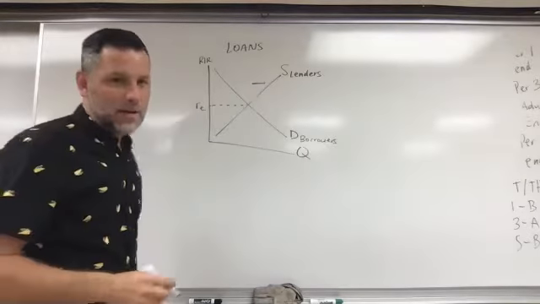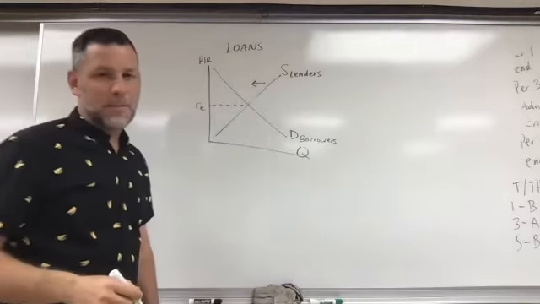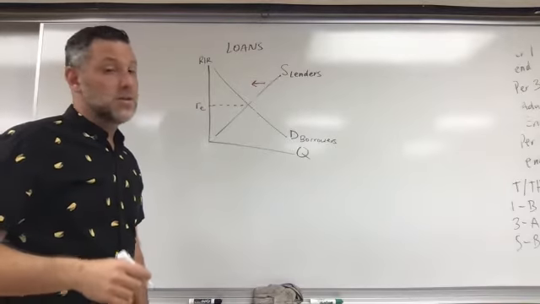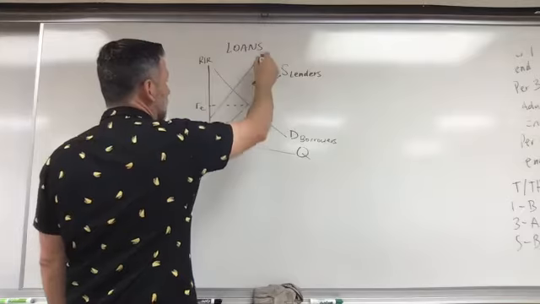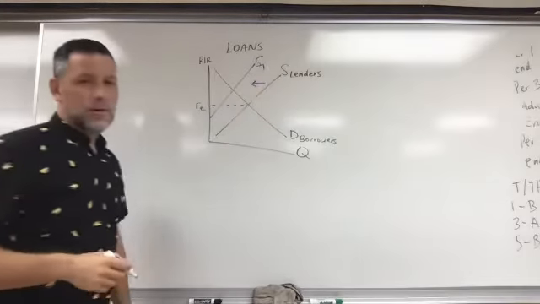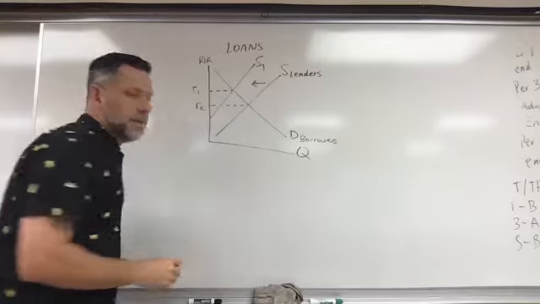People taking money out of their bank means we have a decreased supply of money for banks to lend, so our supply is decreasing to the left, which causes my real interest rate to increase.